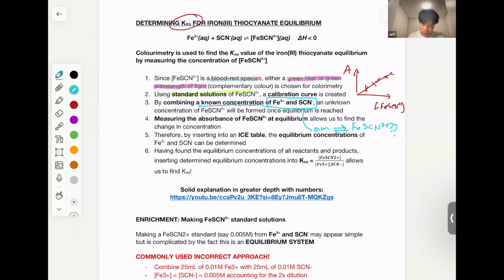Then by measuring that concentration of iron thiocyanate formed, this unknown concentration using your calibration curve, you now know the equilibrium concentration of iron thiocyanate. So now the concentration becomes known.